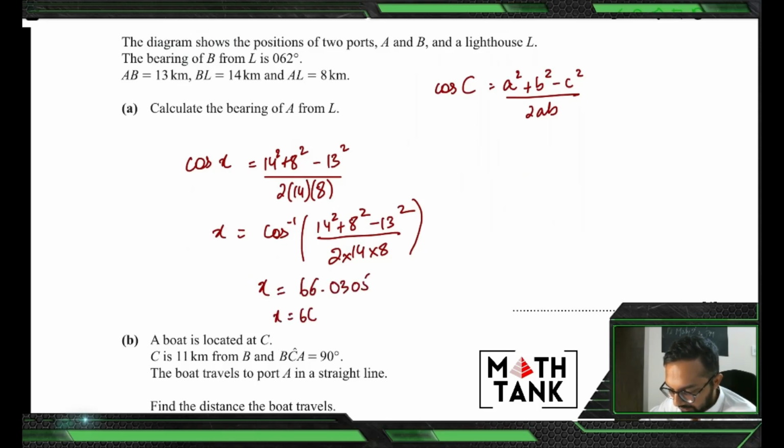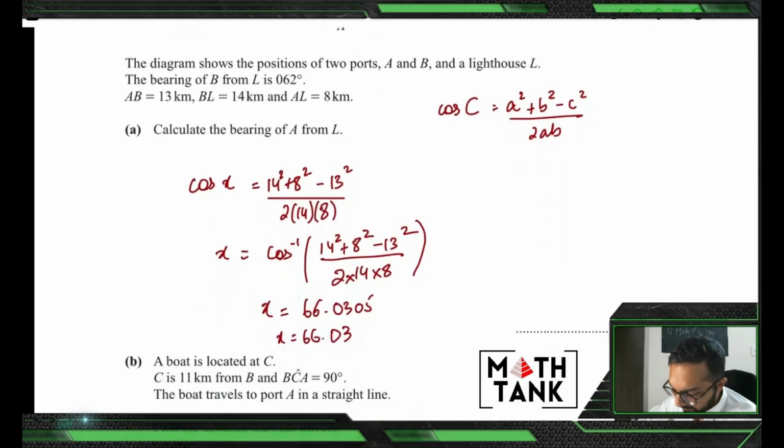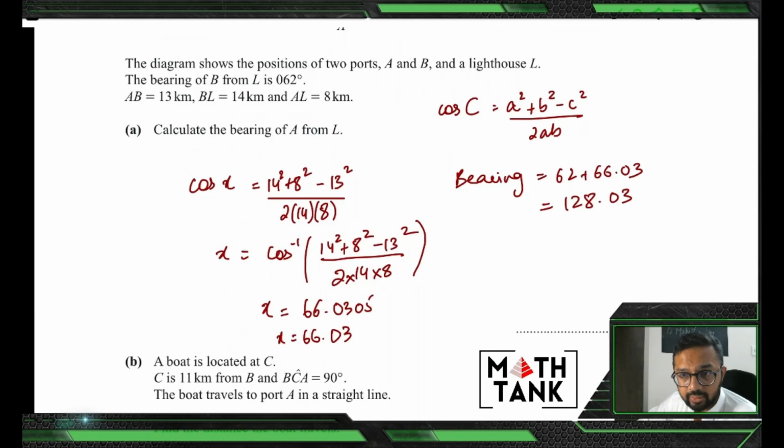So 66.03. Let's keep it at that right now because that's not my final answer. I want to find the bearing. So the bearing is going to be 62 plus 66.03. That gives me 128.03. I don't need to write more than one decimal place. I'm going to write 128 degrees as my bearing.